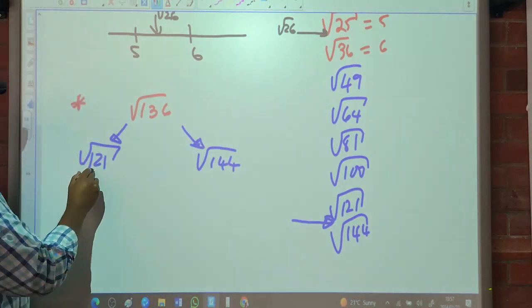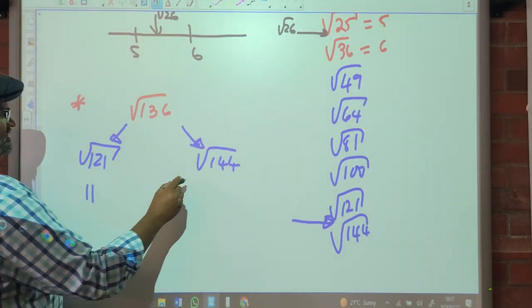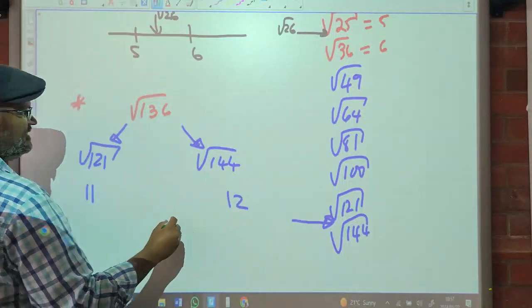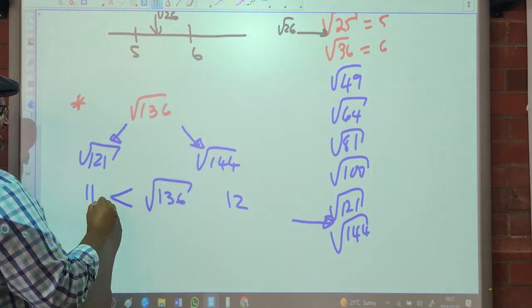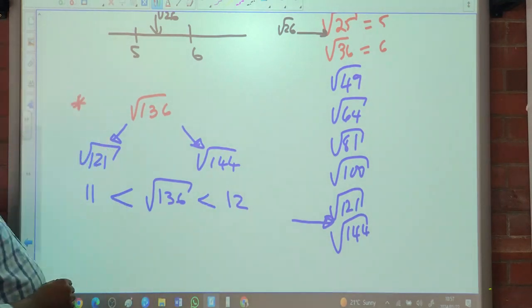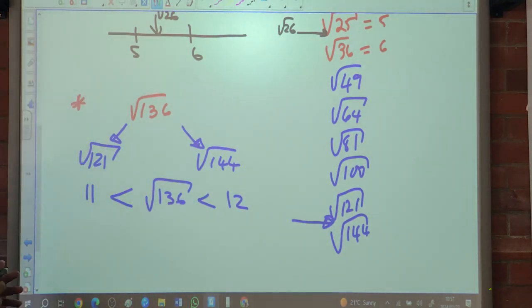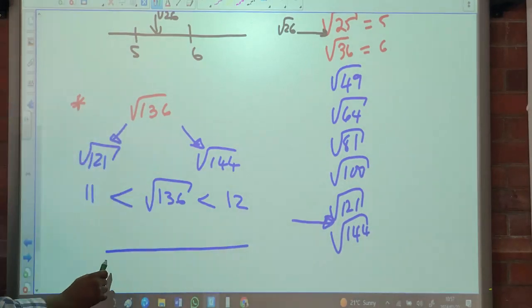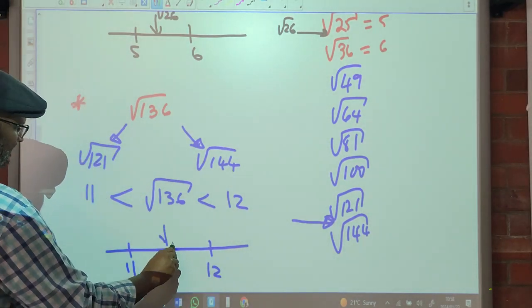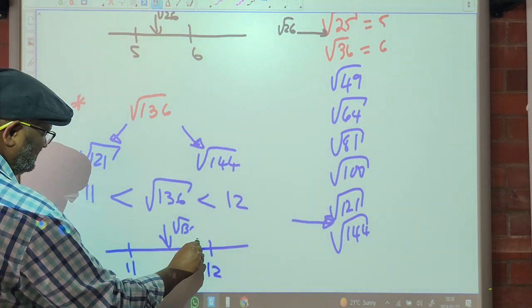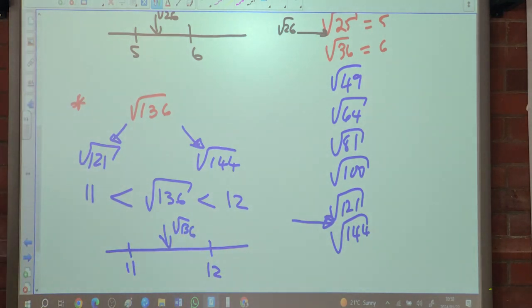So the square root of 121 is 11. The square root of 144 is 12. So that means the square root of 136 is larger than 11 but less than 12. So if I represent this on a number line, which numbers should I have? 11, 12, and of course the square root of 136 lies between them.